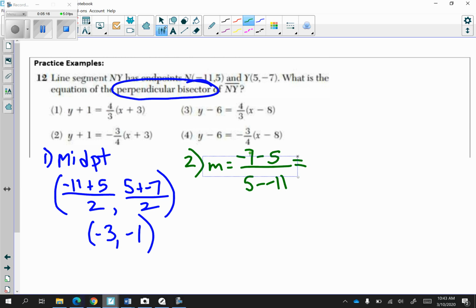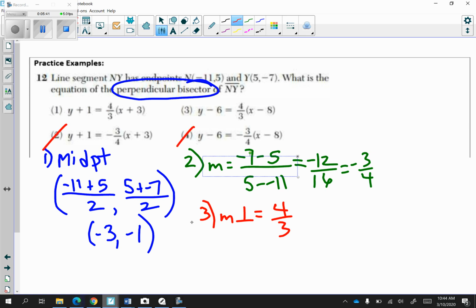And I end up getting negative 12 over 16, which is negative 3/4. Now remember, for step 3, we need to find the perpendicular slope, so we flip and negate, and we get 4/3. Now we can use process of elimination and eliminate the slopes that are not 4/3, so choice 2 and choice 4. Finally, we're going to put it into point slope form.